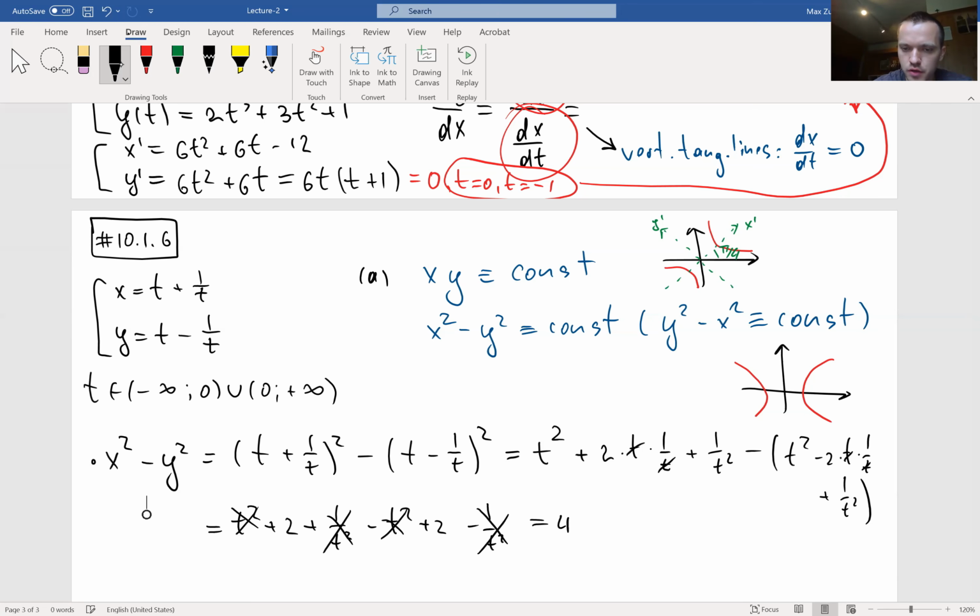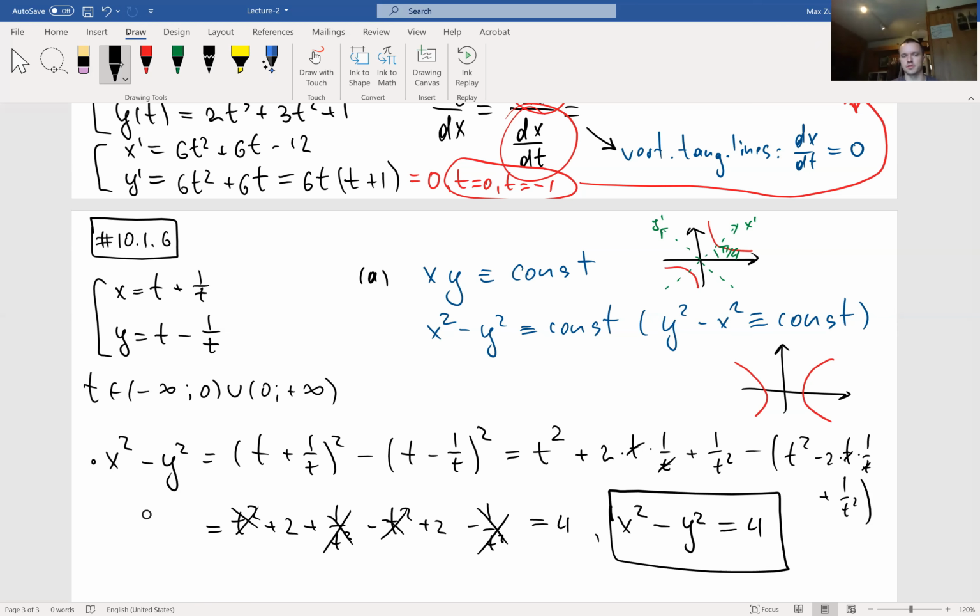So in other words, we're going to take our parametric equation, plug it into this Cartesian equation, and we're going to get that our parametric equation satisfies this Cartesian equation. So our parametric equation is going to have this Cartesian form.